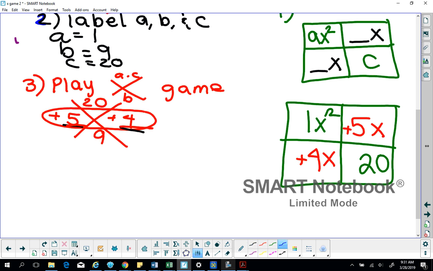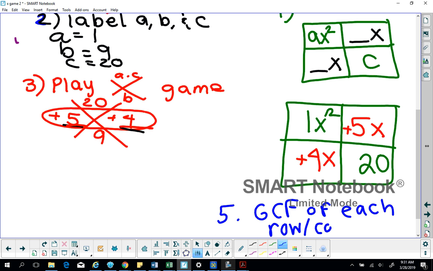Last step, step 5, is find the GCF of each row and column. So we're basically working backwards. We're figuring out, okay, what times what equals x squared? How you can do that easier is I look at these and I go, okay, what do they both have? What letter? X, right?